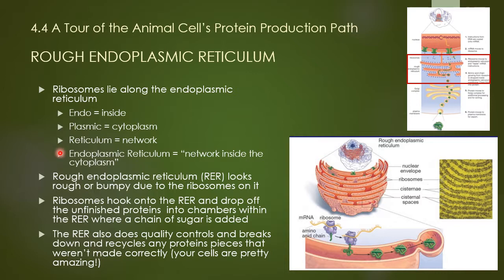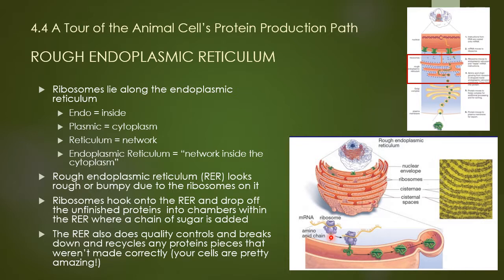So when we put all that together, endoplasmic reticulum means network inside the cytoplasm. We call it the rough endoplasmic reticulum, or we can abbreviate it RER to shorten that down. It looks rough or bumpy due to all the ribosomes that are located on it, so it has a bumpy appearance.